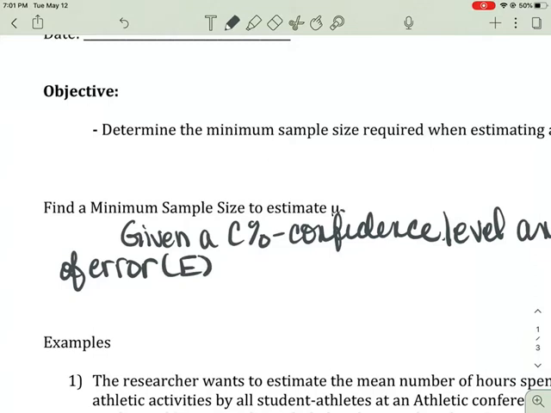Okay, so this is your E. So in other words, I'm going to give you the distance, the within part, or the E part, is going to be within the problem.